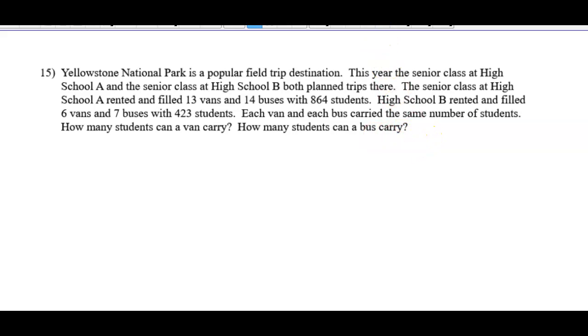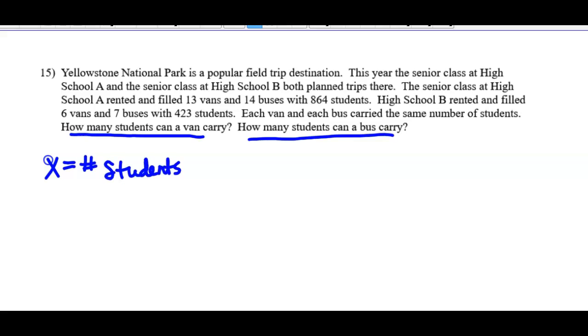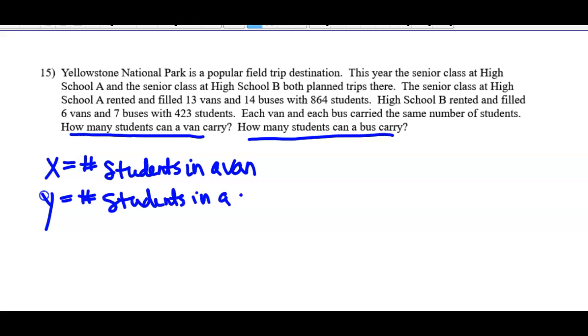Okay, so this is crazy business. All of this, there seems like a million unknowns, but if you just read the questions at the end, it becomes so much easier. So we have x equals number of students in a van, and y equals number of students in a bus.